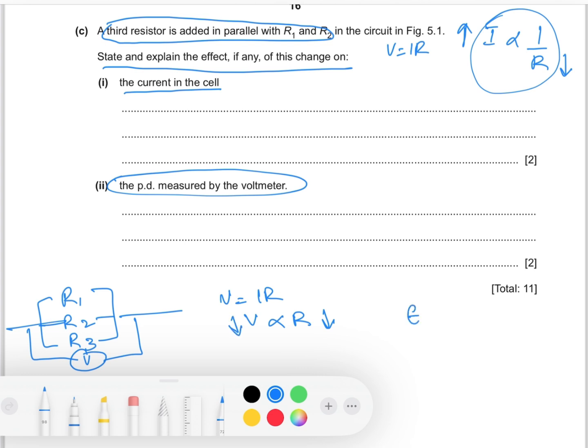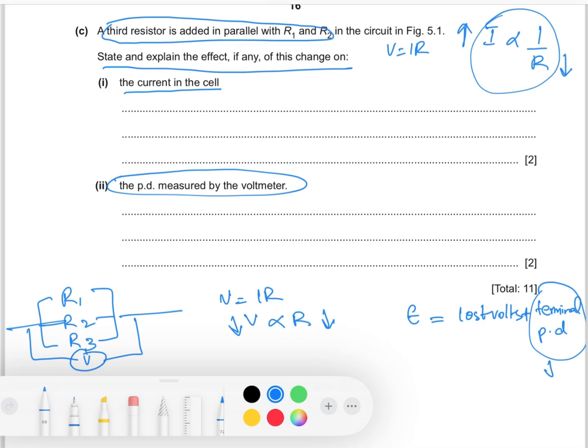And as we know from the parts discussed earlier, the EMF is equal to lost volts plus terminal potential difference, where terminal potential difference is the voltage applied to the resistors.